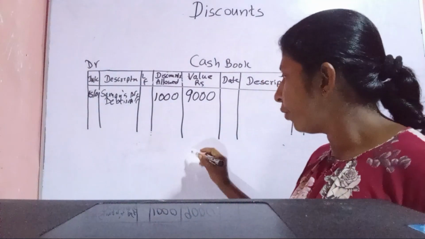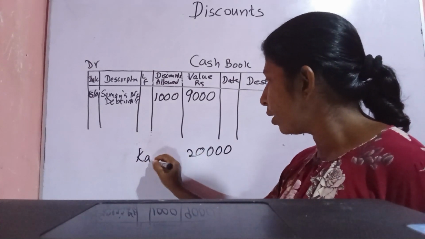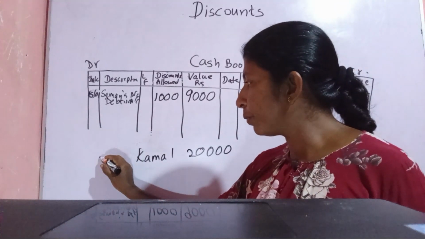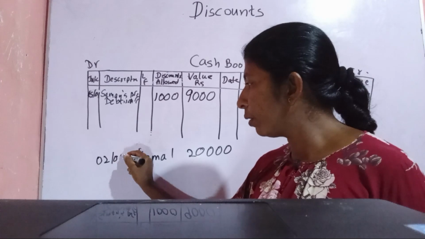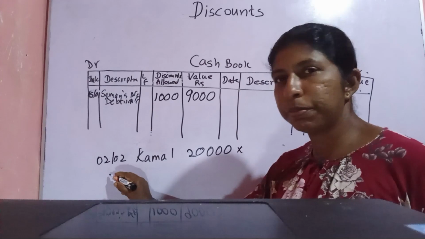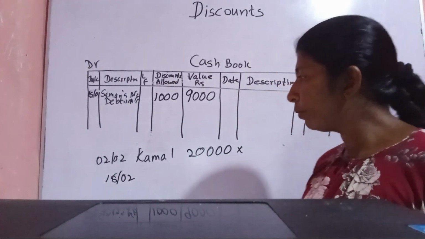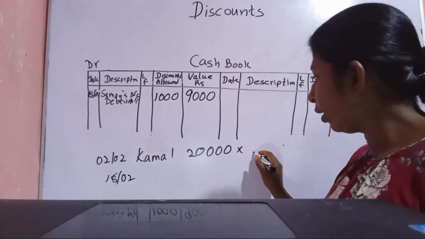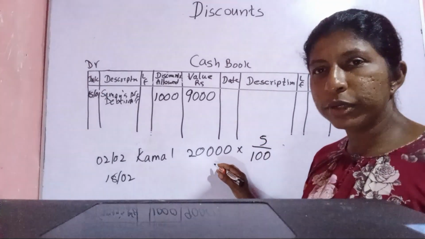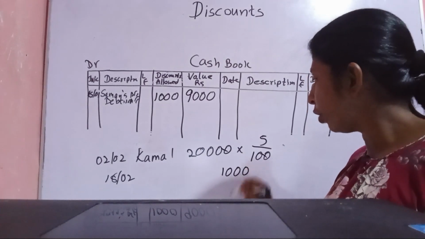The value of that transaction is 20,000. That is Kamal, 20,000. He has purchased on 2nd February, but he is paying money at the earliest, 18th February. We are giving our discount of 5%. 20,000 into 5% also comes to 1,000.